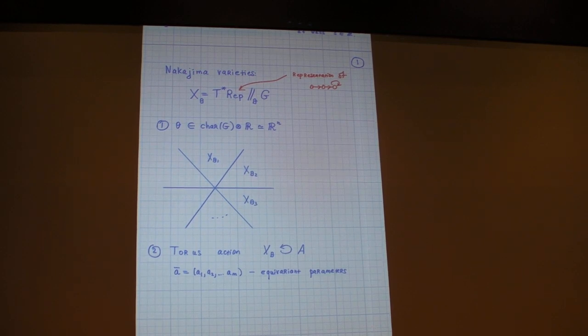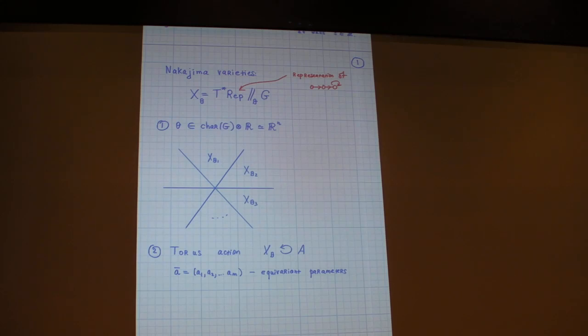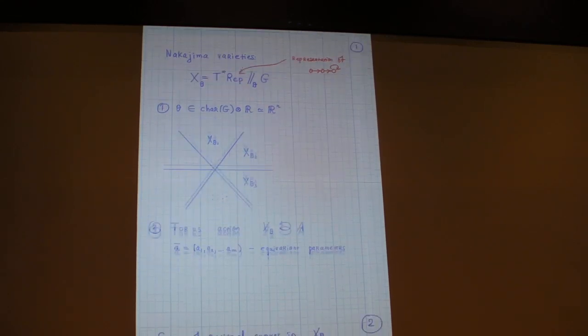Alright, so we have these objects, and another thing is that I am going to do my thing equivariantly. Nakajima varieties are always equipped with some big torus action, so I always assume that there is an action of a torus A on this variety, and I will denote by letters a the corresponding equivariant parameters. Okay, so those are my notations.